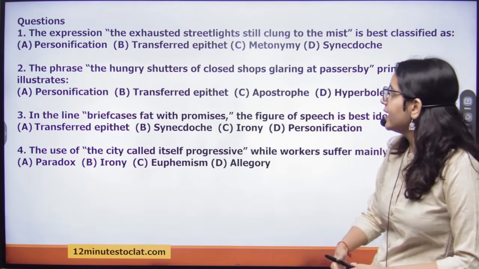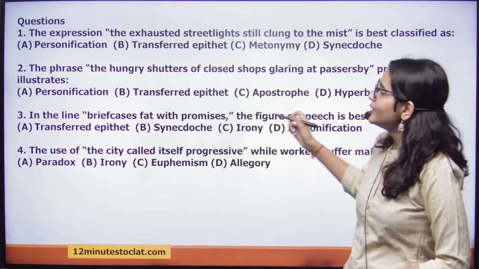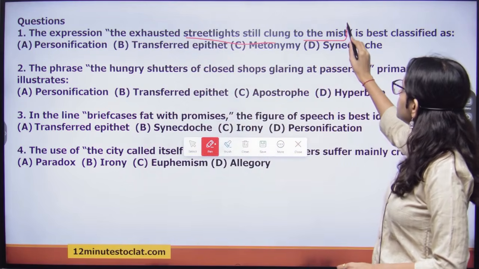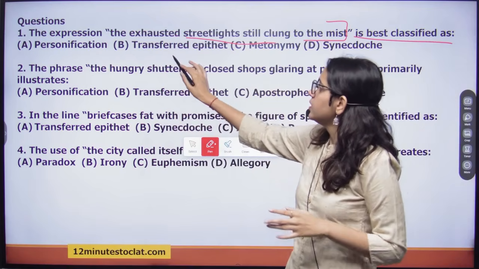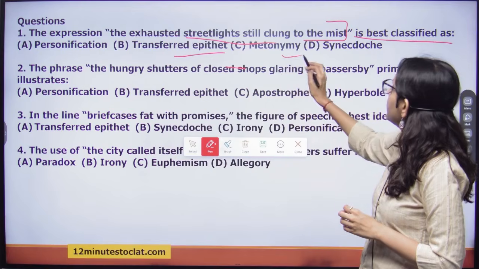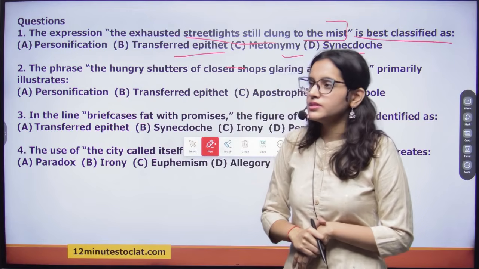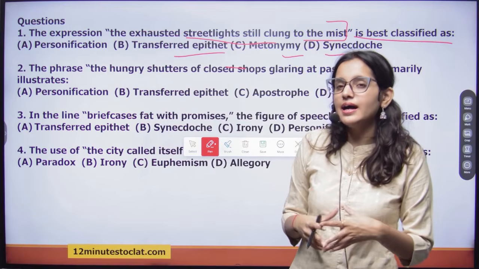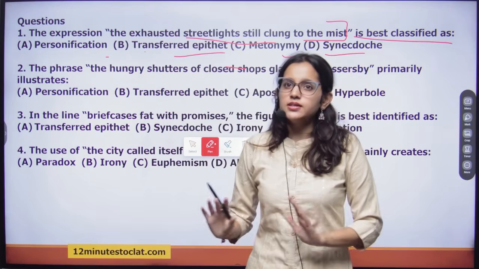The expression, the exhausted streetlight still clung to the mist, is best classified as what? Personification, transfer epithet, metonymy, or synecdoche. Right now, some of you would say, ma'am, personification, that there's a chance that you can have a confusion between A and B. Personification and transfer epithet.